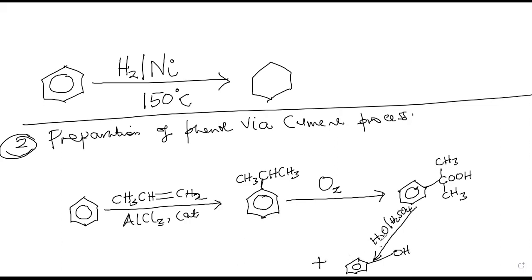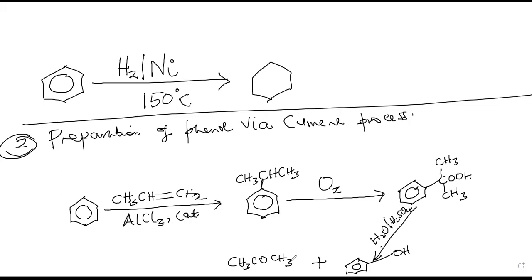And then after removing this phenol with OH, we are left with the CO, CH3, CH3, and that is propanone. So we shall have propanone, CH3, CO, CH3. So this is what we call the cumene process.